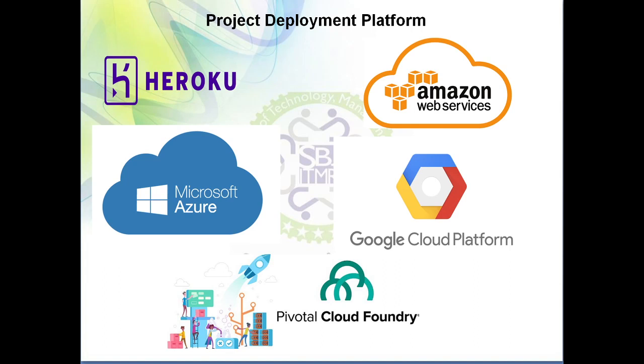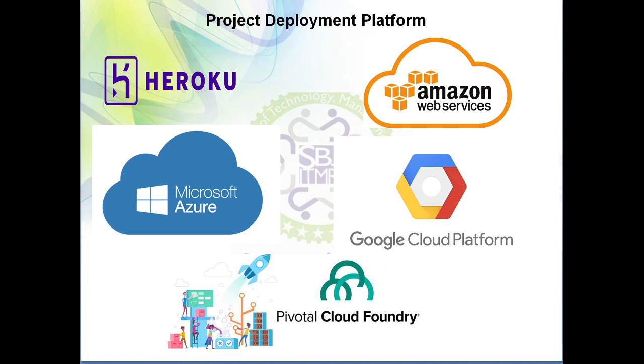So be safe. Heroku is a platform where you don't have to enter any credit card details, but in the case of Amazon Web Service, Microsoft Azure, Google Cloud Platform and Pivotal Cloud Foundry, you need to provide the credit card details. So it is up to you.